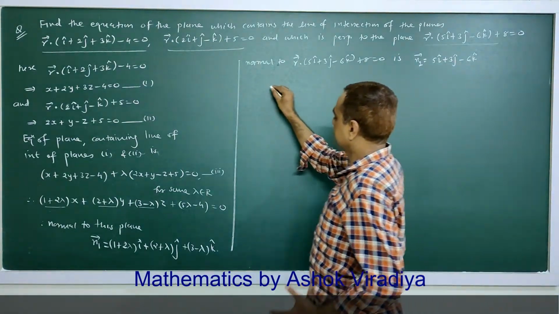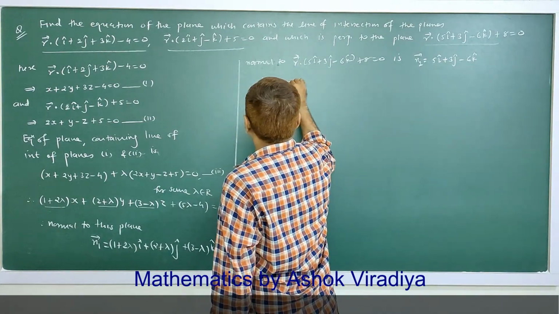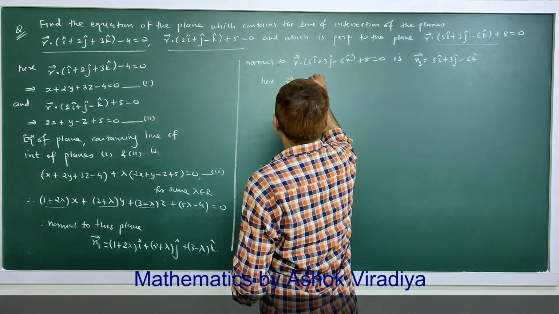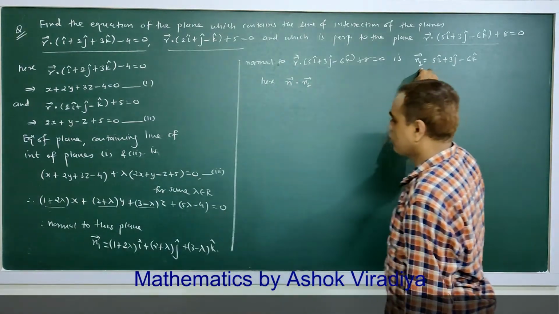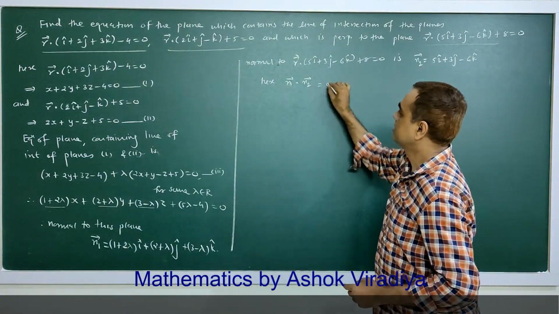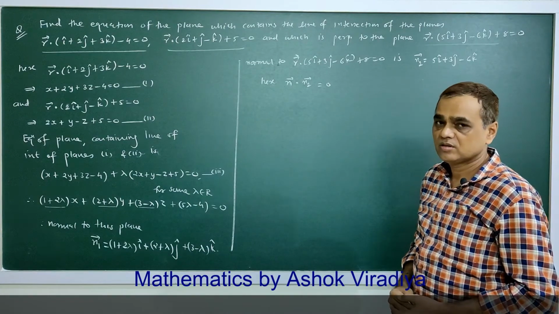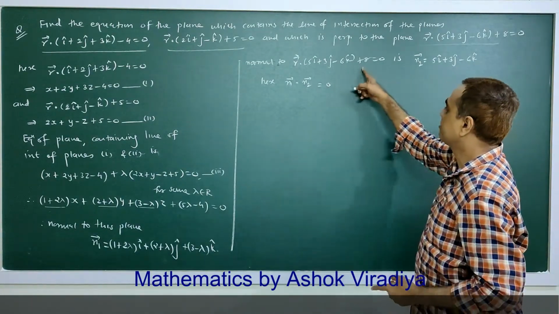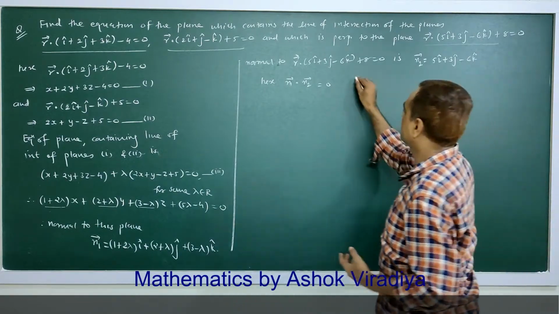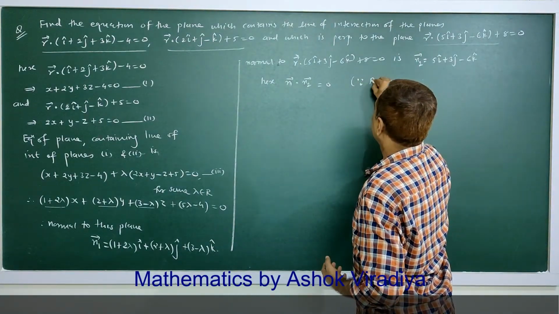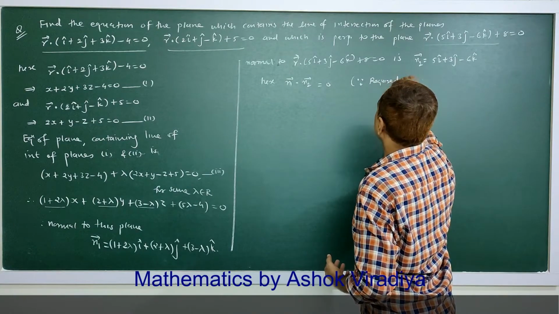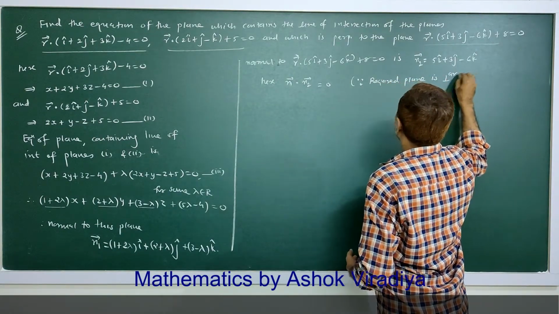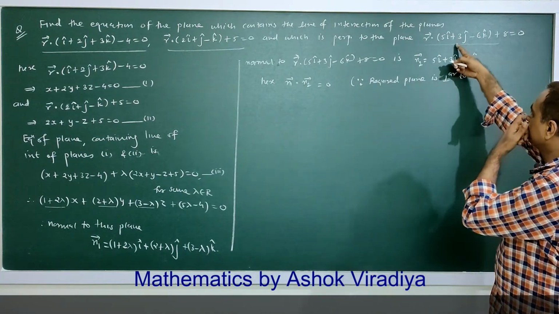Now the dot product of vector n1 and vector n2 will be 0, because plane 3 and this given plane are perpendicular, because the required plane is perpendicular to this plane.